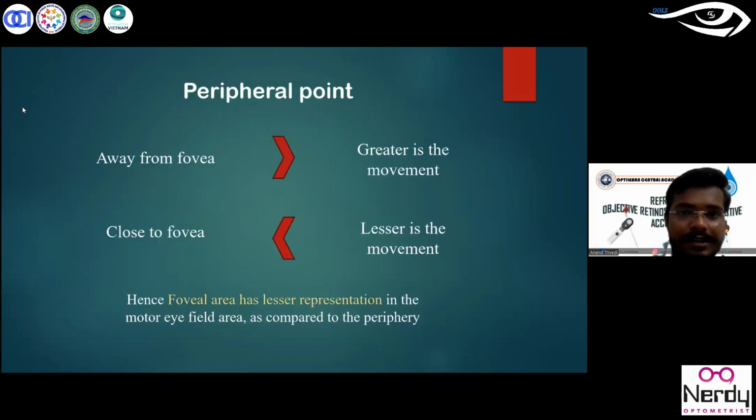The further away from the fovea the retinal point is, the greater the movement. Closer to the fovea, the lesser the movement. And right at the fovea, the eye does not move at all. Hence, the fovea has zero retinomotor value. A point further away from the fovea has greater retinomotor value, but it has the least visual acuity, which is important to remember.